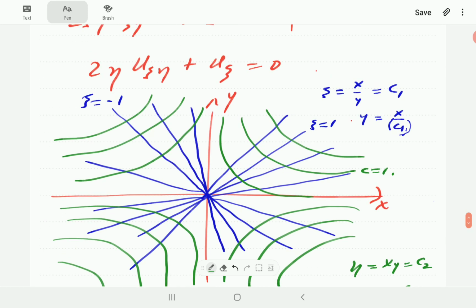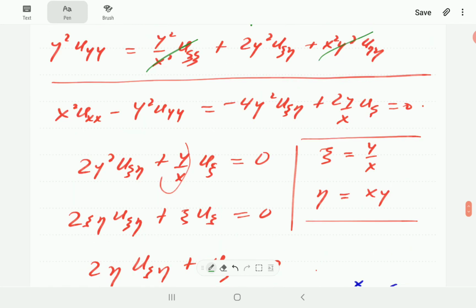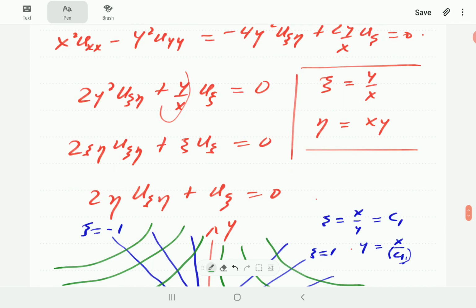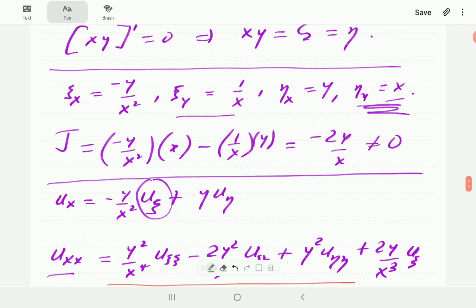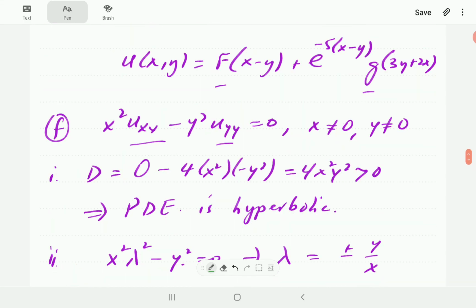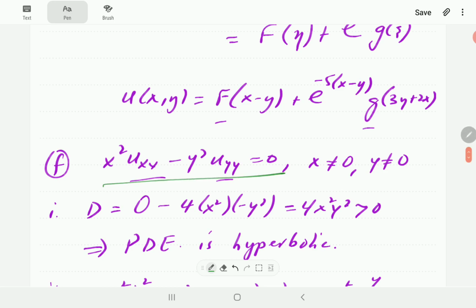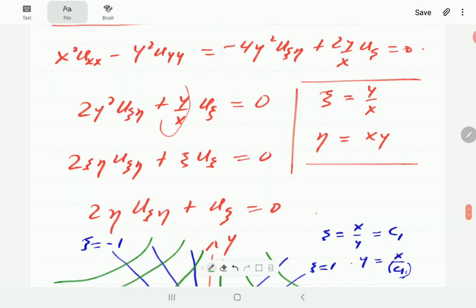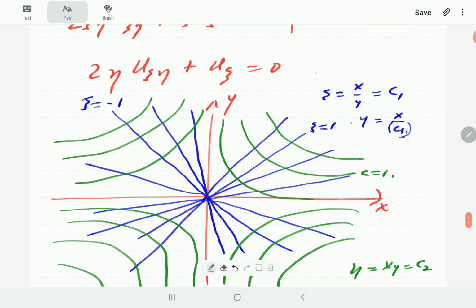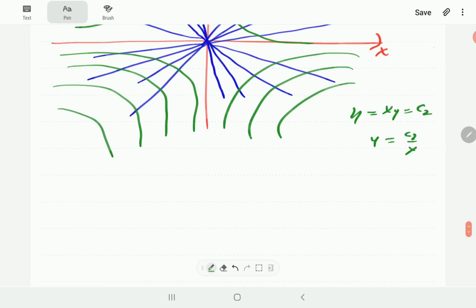In the xy coordinate system, the equation is given by this. In the xi eta coordinate system, the equation is given by that. The main thing is that this is integrable, as we will demonstrate just now.